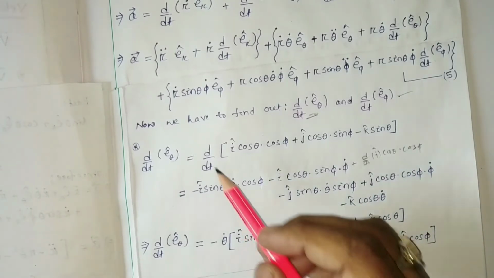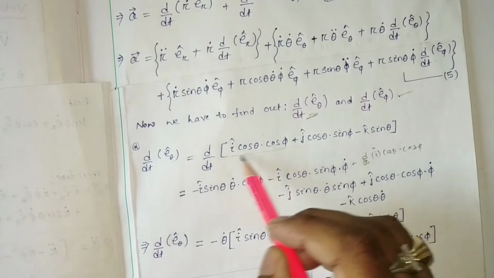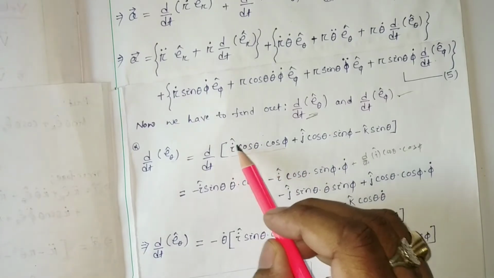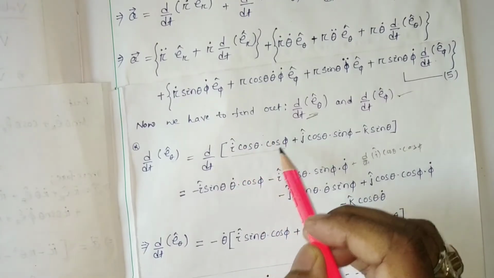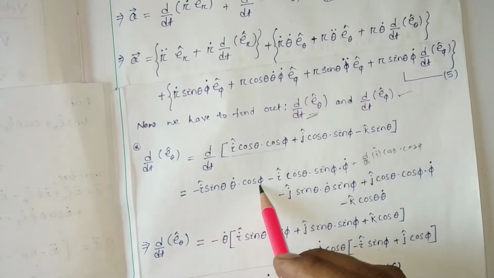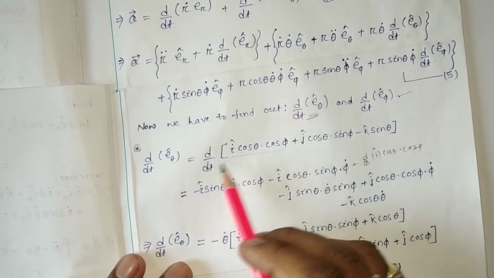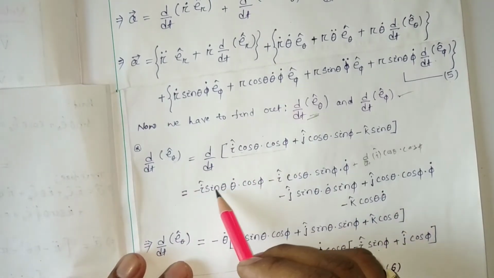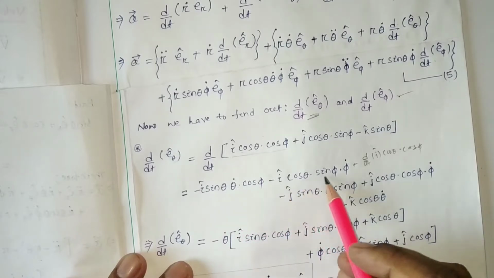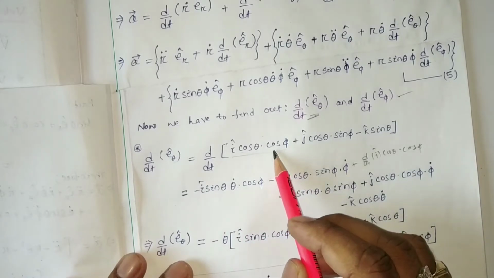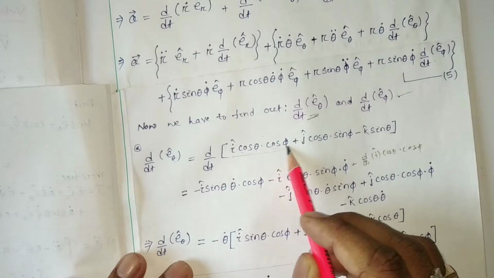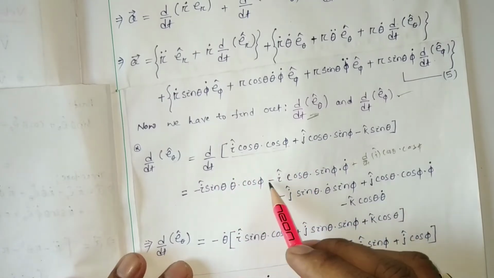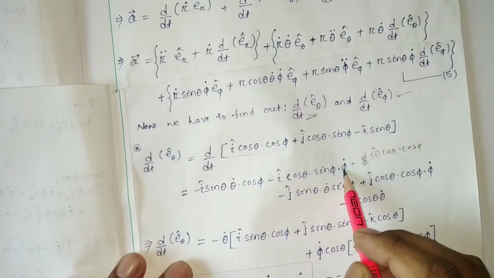Okay, see d by dt of these three terms, here three terms are there: one I cap, one cos theta and one cos phi. So first one is the derivative of cos theta with respect to t, here minus sin theta theta dot. Second term belongs to the derivative of cos phi with respect to t, that is minus sin phi phi dot.